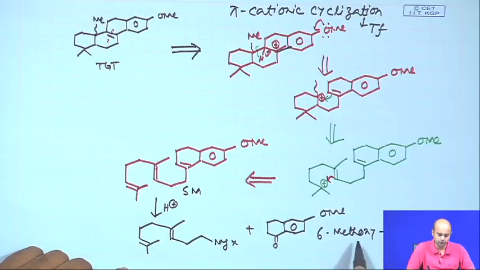Now, this 6-methoxy-1-tetralone will undergo a Grignard reaction with CH2CH2MgX. It will basically give you OH and this CH2CH2.